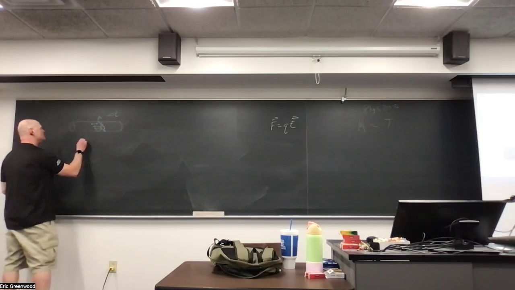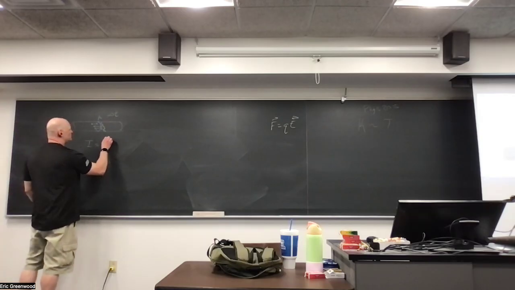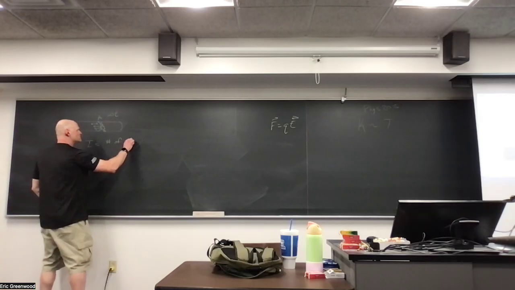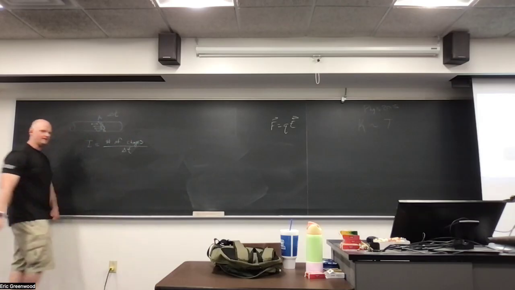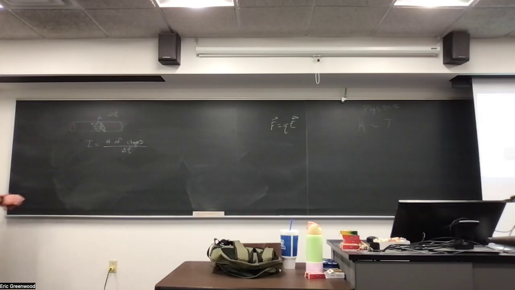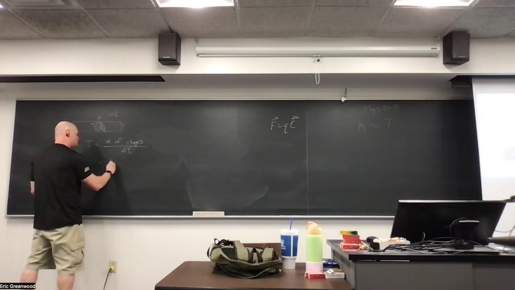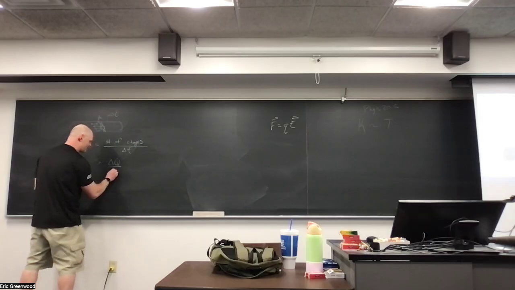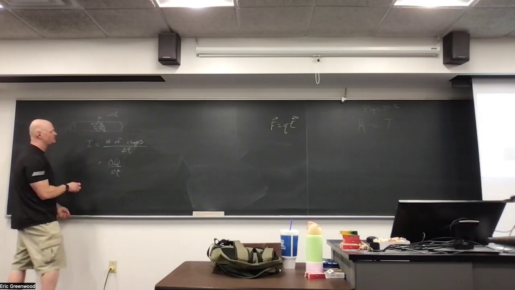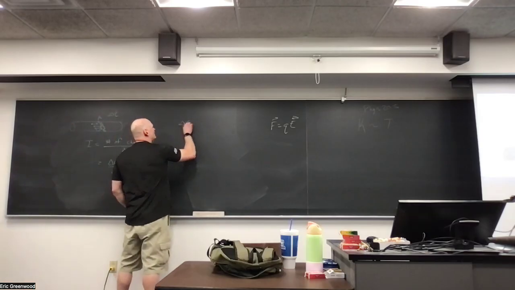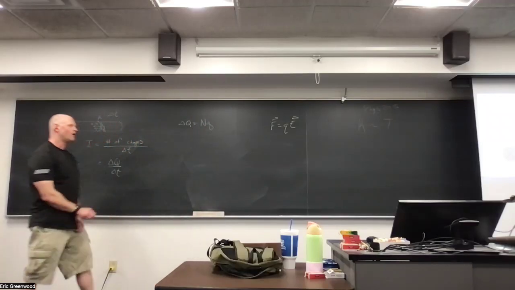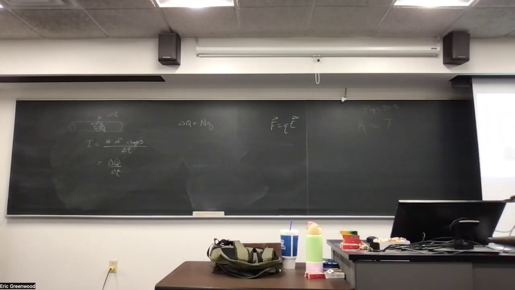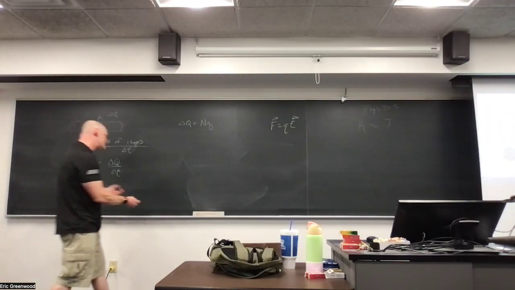So what current is equal to is the number of charge carriers within this certain amount of time delta t. This we're going to call the change in charge divided by the change in time, where my change in charge is equal to the total number of charges times the charge of each charge carrier, where all of the charge carriers have exactly the same amount of charge.